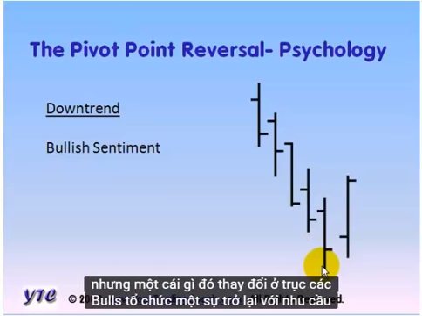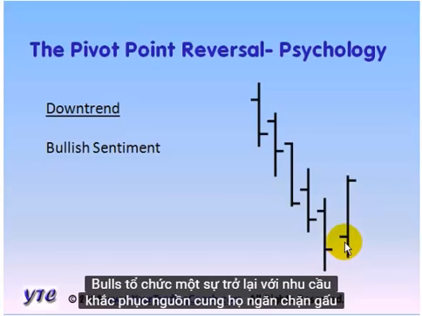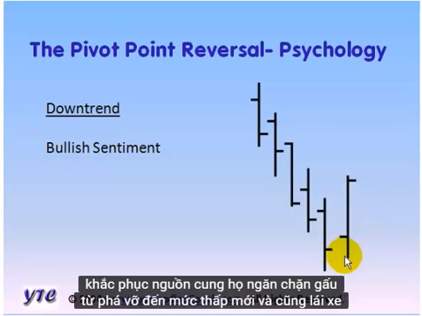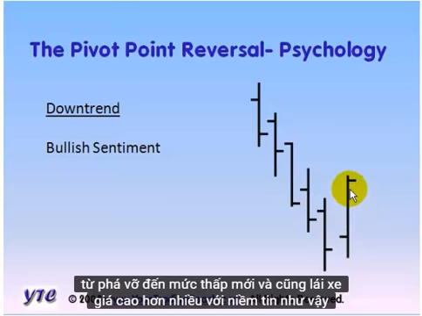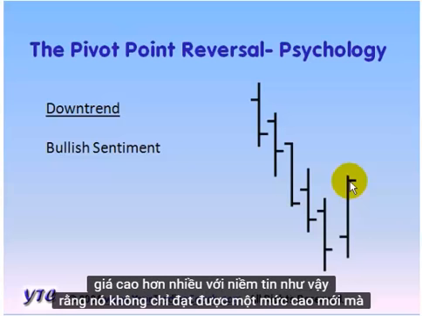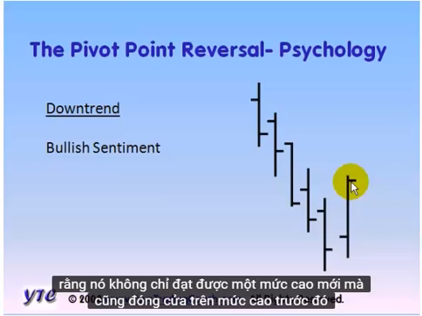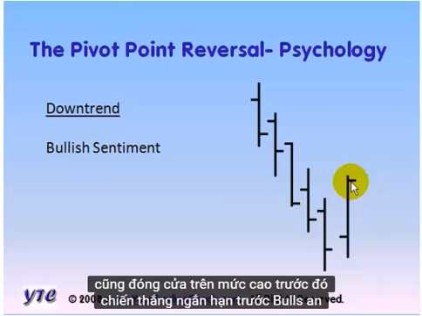The bulls stage a comeback with demand overcoming supply. They prevent the bears from breaking to new lows and also drive price much higher with such conviction that it not only achieves a new high but also closes above the previous high.